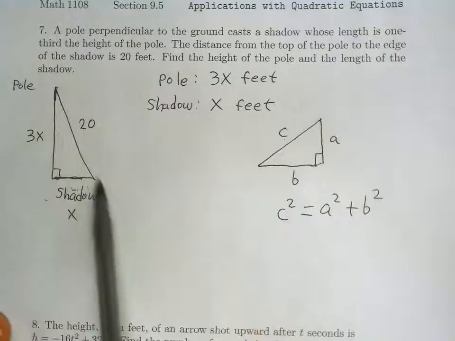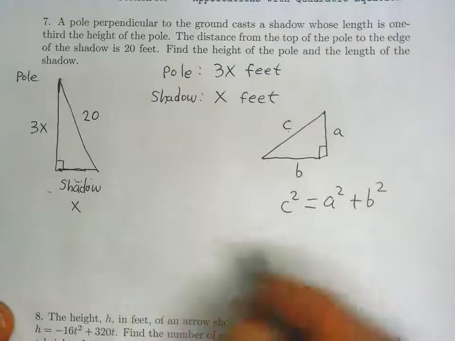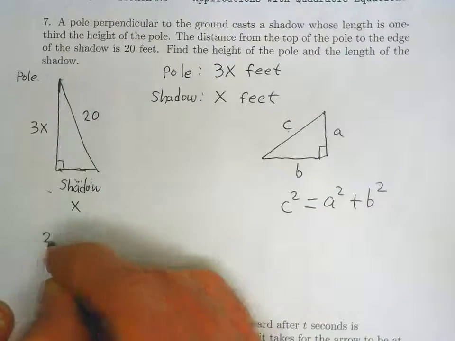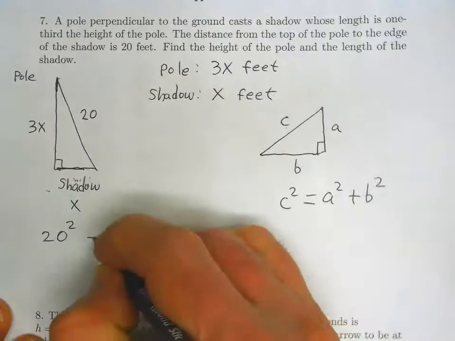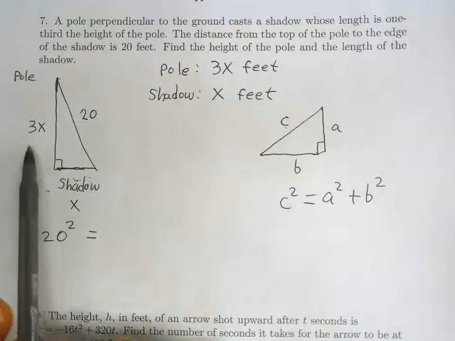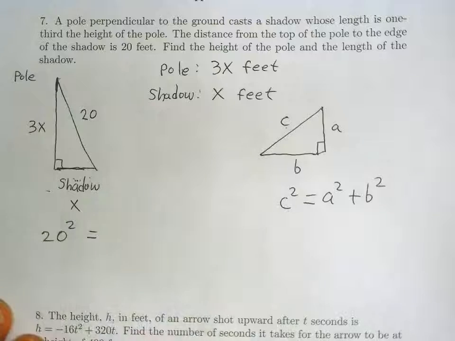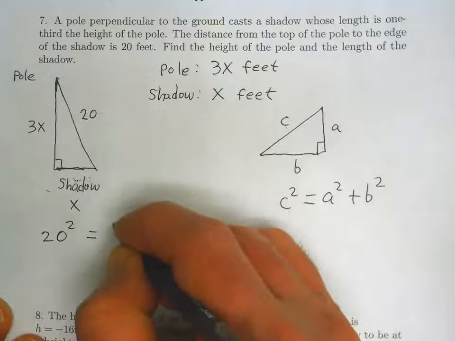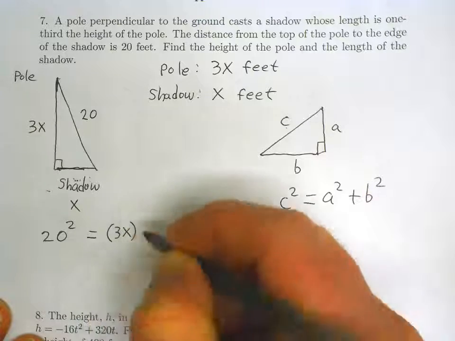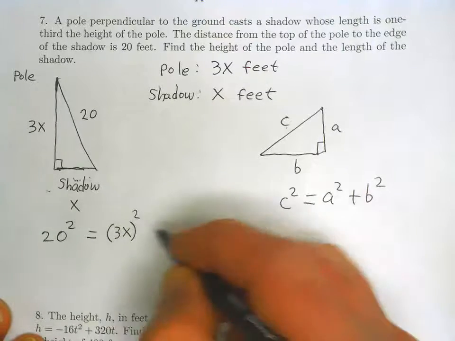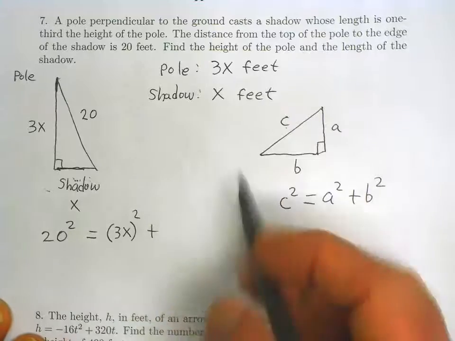The hypotenuse is 20 feet. So the Pythagorean theorem says we square 20 feet, 20 squared. And that's equal to the sum of the squares of the lengths of the 2 legs. Okay, so here you'll want to make sure that you are careful. We have to square the term 3x, and we also have to square x.